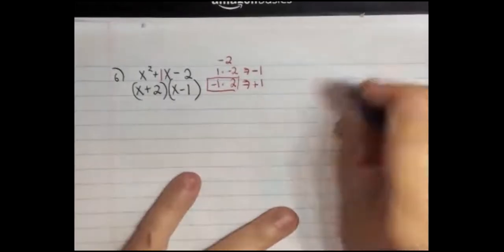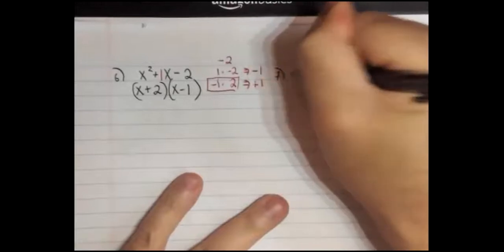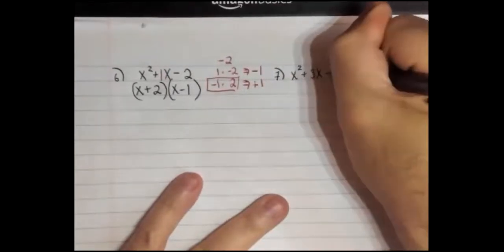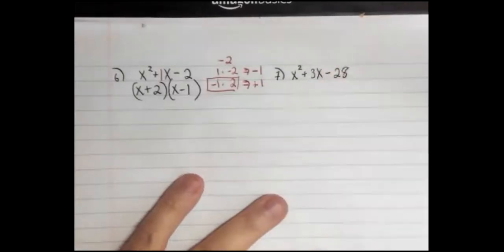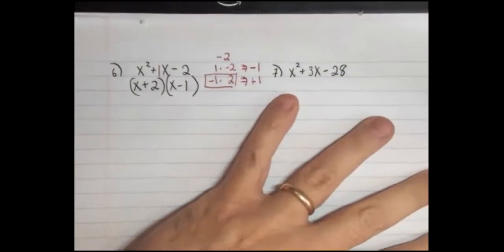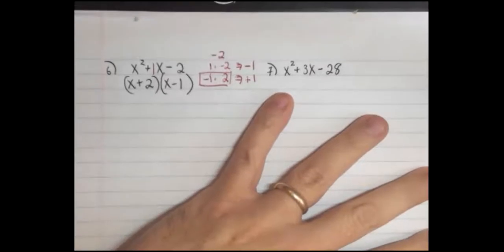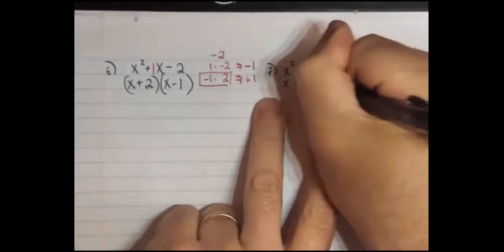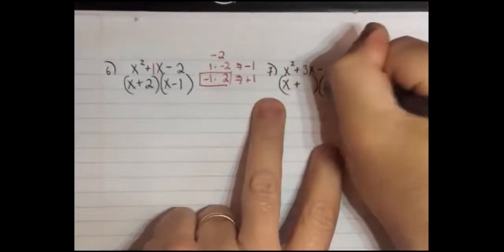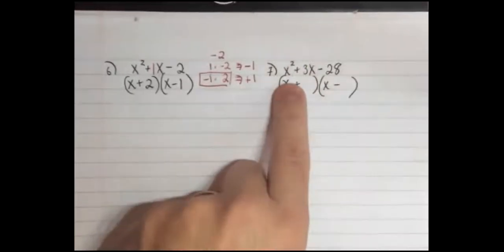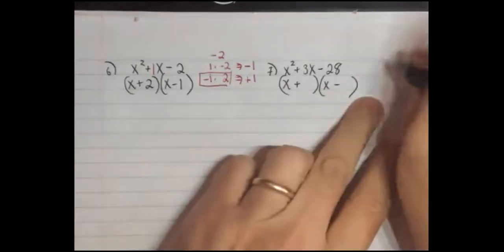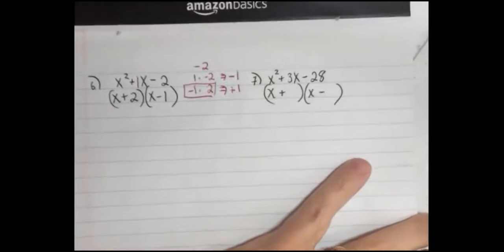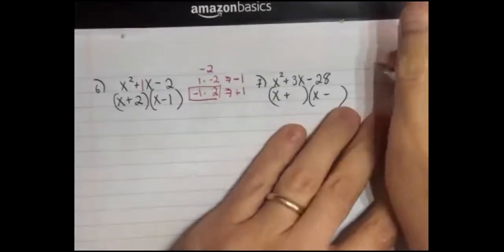All right, and let's look at another example there. Okay, x squared plus 3x minus 28. See that last value is negative. We know that means one number's got to be positive, the other number's got to be negative. So we're looking at the factors of negative 28.